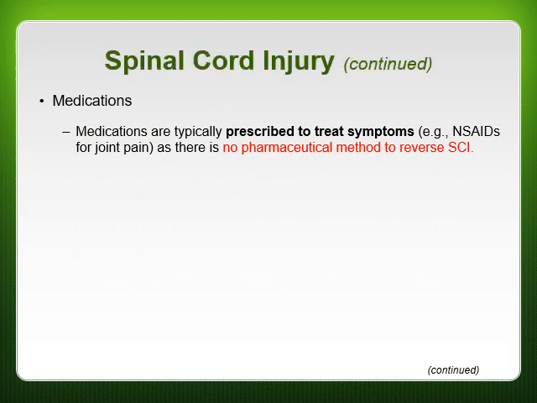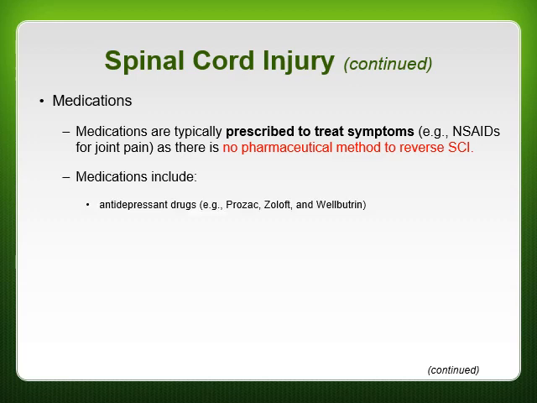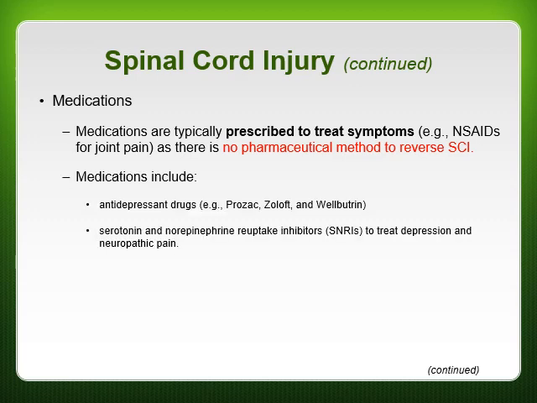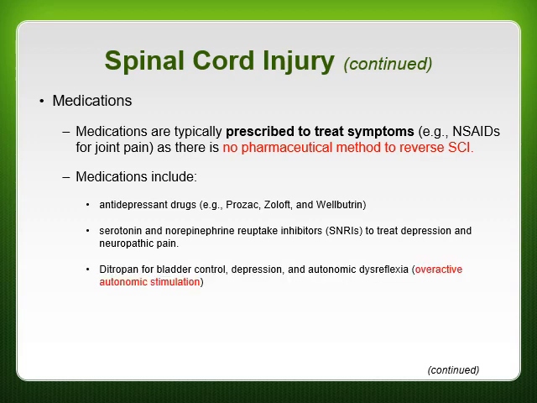Not a whole lot here for medications in terms of the spinal injury itself, but for pain, maybe some NSAIDs. There's nothing you're going to be able to take, though, to reverse the injury. Depression is sometimes a side effect, so then maybe they'll take some antidepressants, and more SSRIs.